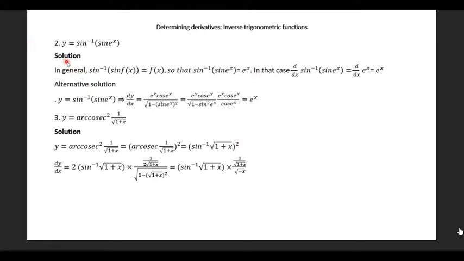Now, for argument's sake, we are given that y is equal to inverse sine of e to the exponent x.